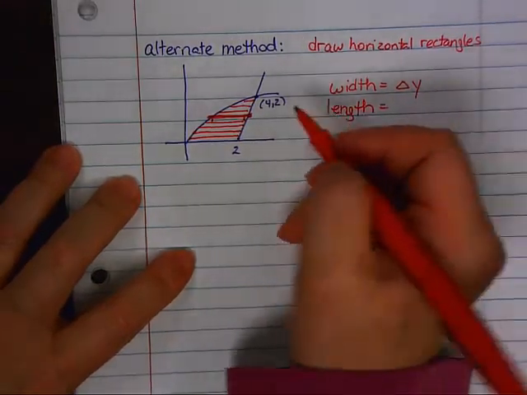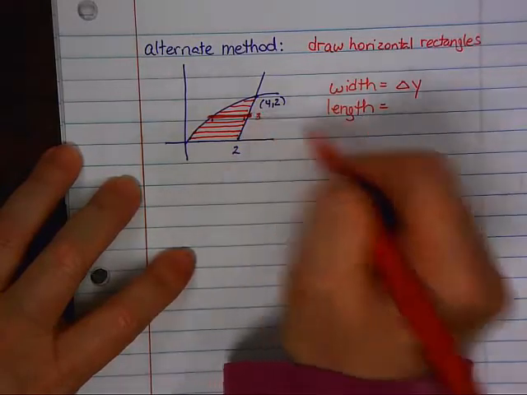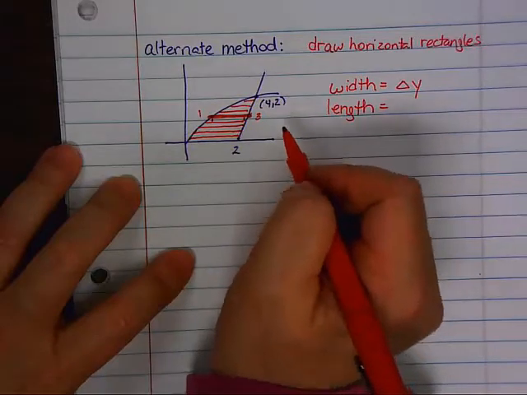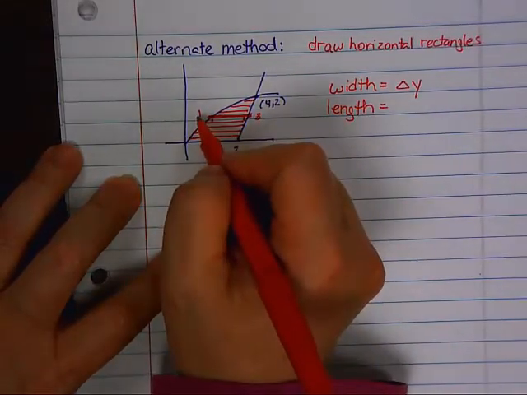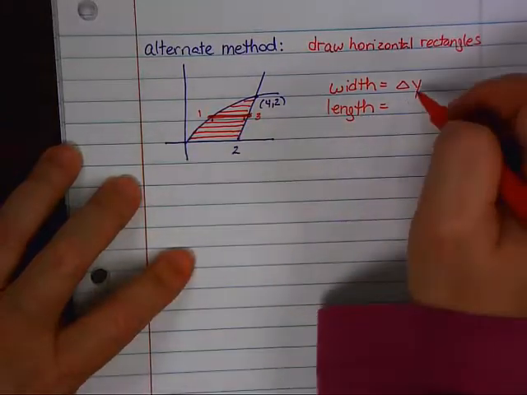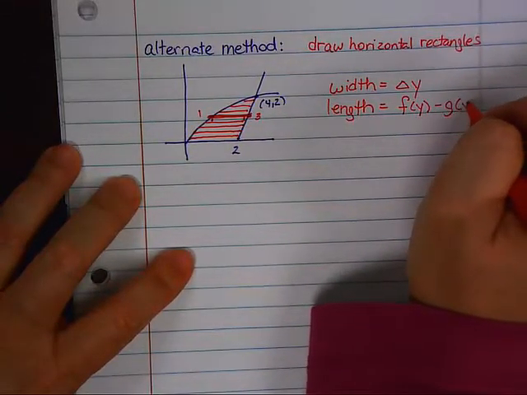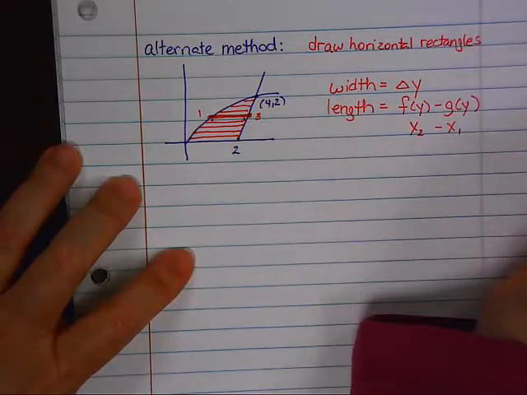That's what I'm saying. Okay, let's say that this is at 3 and this is at 1. How do you calculate how long that is? That one minus this one. Do you agree with me? So we're going to write this as f of y minus g of y, or we can call it x2 minus x1.